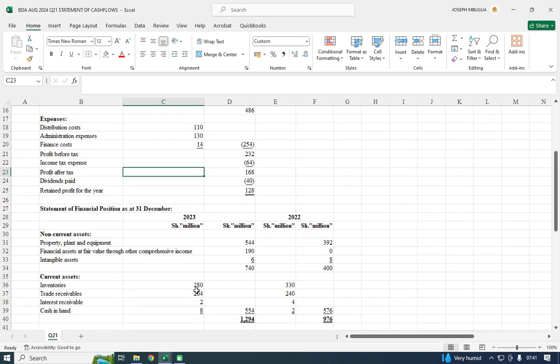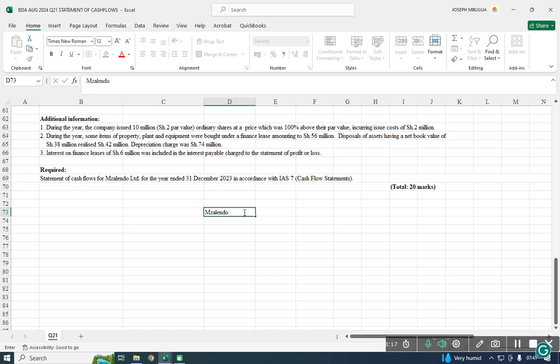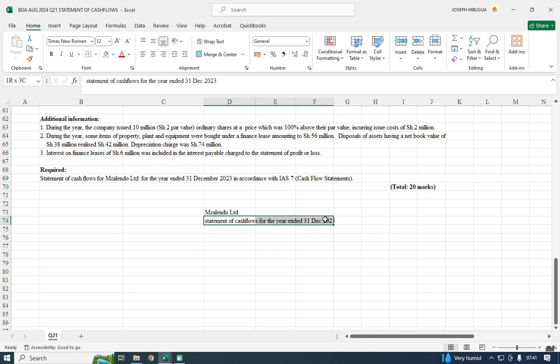So we look at that particular question that we are having, and I'll do it here. So this is Mzalendo Limited, statement of cash flows, for the year ended 31st December 2023.